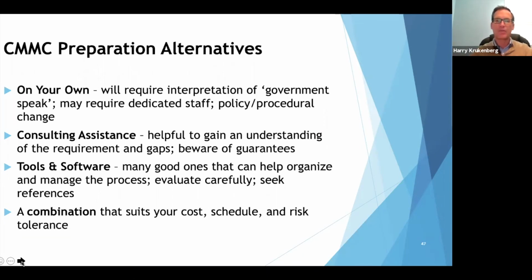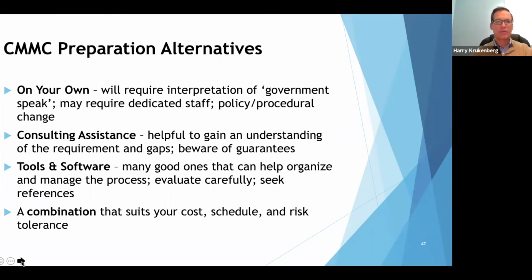That may or may not be realistic. And guarantees are fraught with peril, because so much of this depends on changing the practices, the processes, and the culture within the organization. For a consultant to guarantee you compliance is sort of risky business.